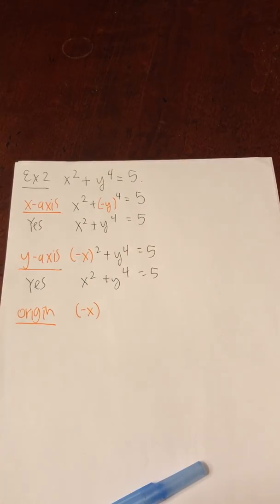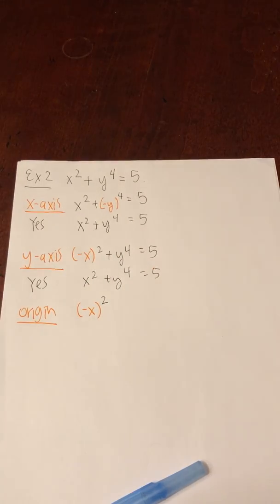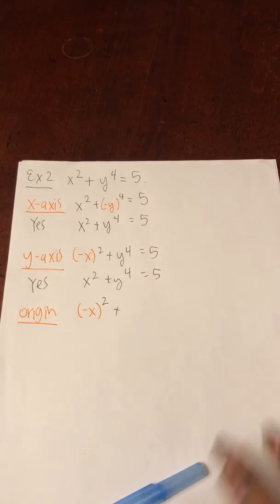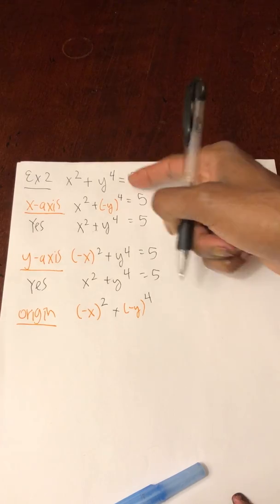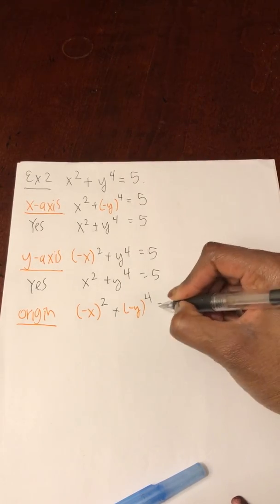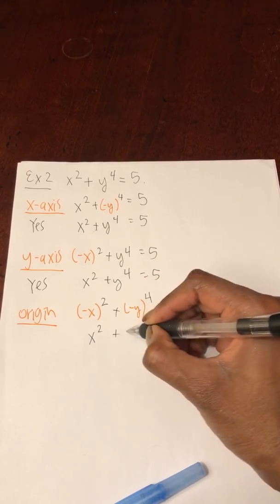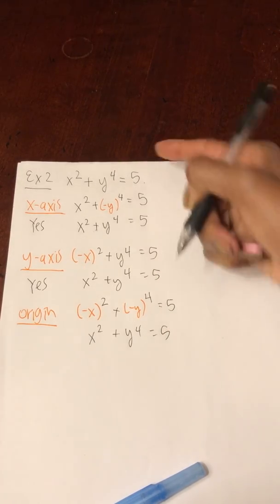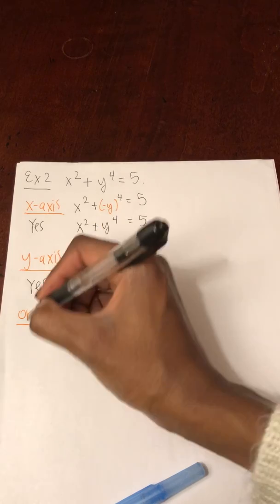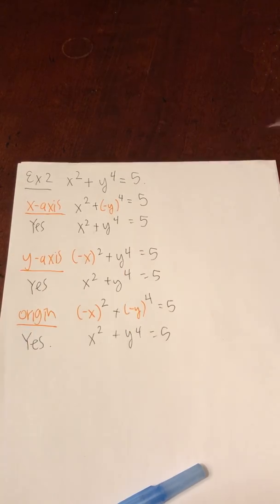So we're going to change all of our x's to negative x and all of our y's to negative y in the original equation, right? And then simplify because it's even, it's going to become a positive, and same thing here. So is this the same as the original equation? It is, okay? So this one too is going to be symmetric with respect to the origin.